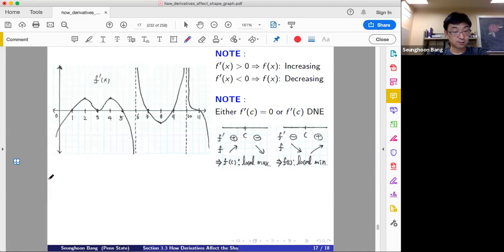Here, find the intervals where f is increasing and decreasing, the x value of the local maximum, and the x values of the local minimum.